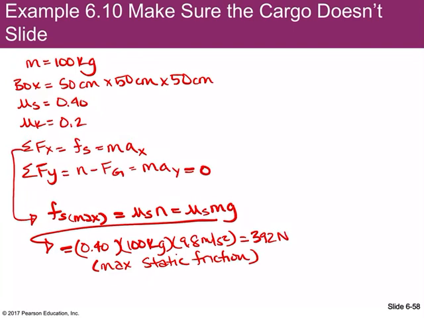Okay. Now we are actually finding the acceleration that it has to stay less than, so the maximum acceleration that it could have. If we look at this equation, and I'm going to bring it up here, we're going to solve for the acceleration.